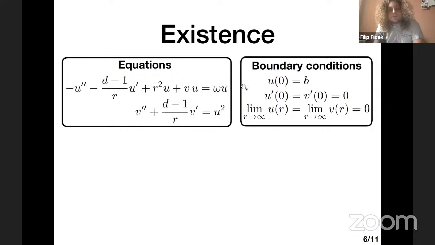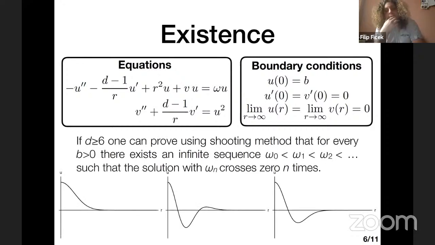And it turns out that the answer is yes, and it can be shown in supercritical dimensions using shooting methods, so basic ODE and dynamical system methods, that for every B, for every central value of the field, there exists an infinite ladder of numbers, omega 0, omega 1, omega 2, etc., such that for omega n, there is a solution of these equations satisfying these boundary conditions.